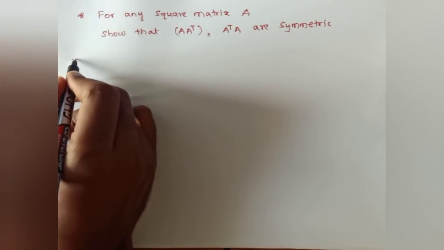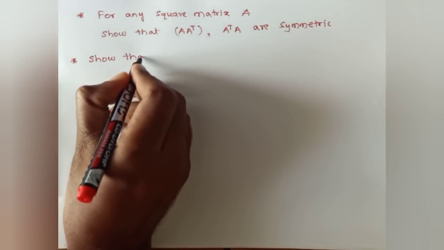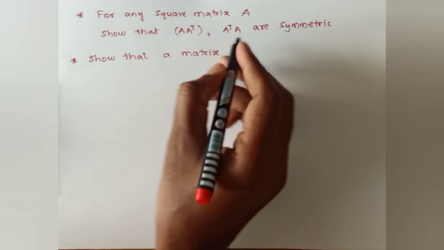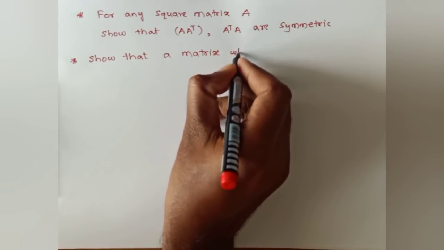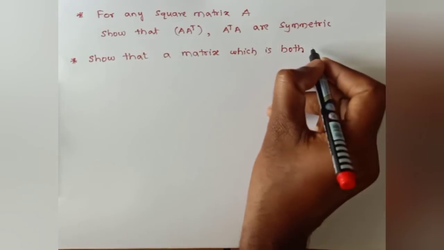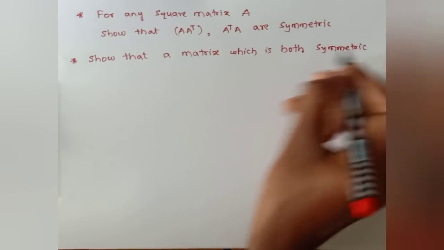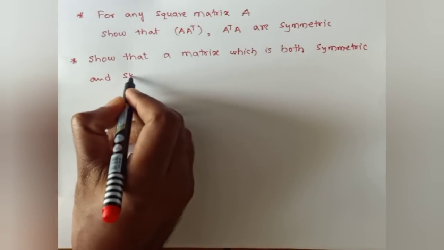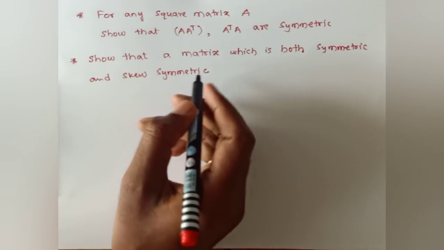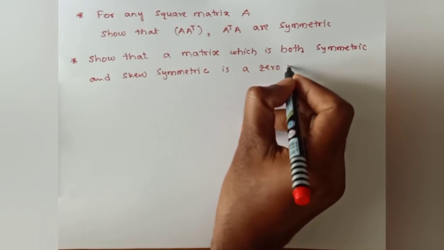Next, one more problem. Show that a matrix which is both symmetric and skew symmetric is a zero matrix.